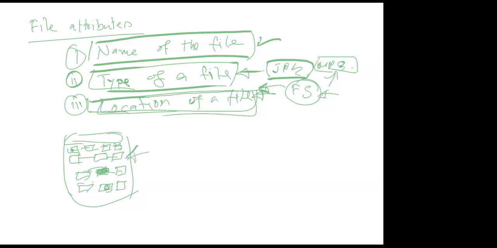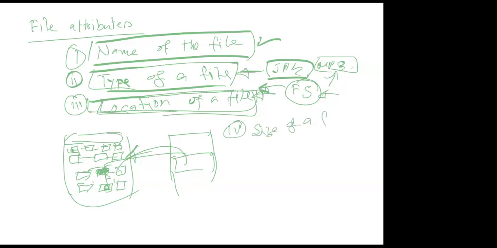But if you know the position of the F1 file block, then you can read this file very easily and faster. So location is a very important parameter for a file system. And the fourth attribute is the size of a file.